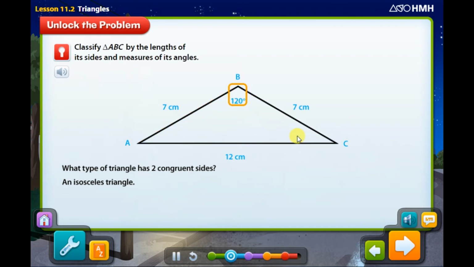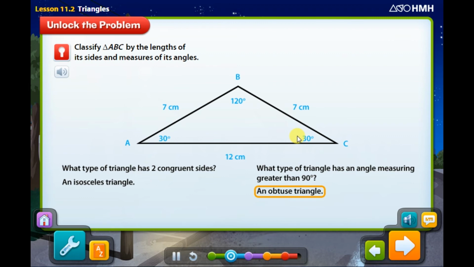Angle ABC measures 120 degrees. Angle BAC measures 30 degrees. Angle BCA measures 30 degrees. Triangle ABC has one angle that is greater than 90 degrees. What type of triangle has an angle measuring greater than 90 degrees? An obtuse triangle. So triangle ABC is an isosceles obtuse triangle.